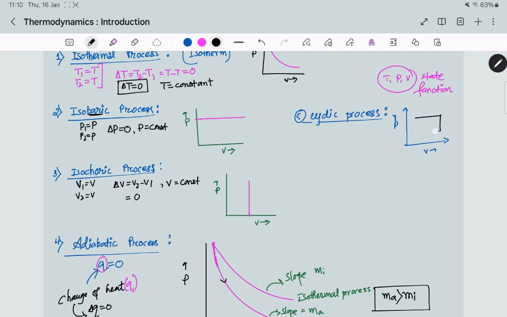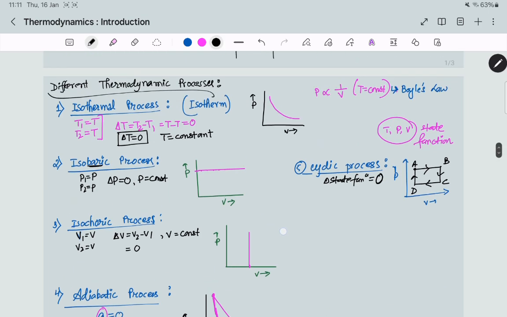So I am drawing this A, B, C, D. This is also a cyclic process because we are starting from A and again returning to the point A. So all the state functions will be 0. So delta T will be 0 for the entire cyclic process. If we are calculating, delta T will be 0 and all the state functions. So I am writing in short, delta of state function will be 0.